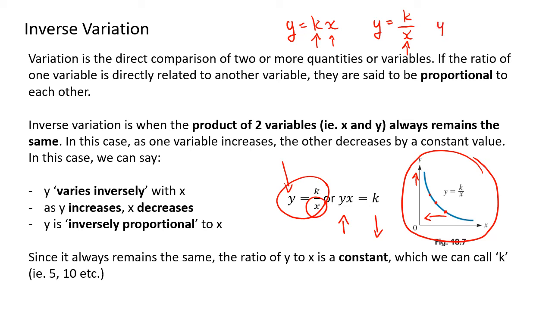In other words, y equals k divided by x squared, or y equals kx squared. Or similarly, it could be something like it varies directly with the square root of another item, or y equals k times the square root of x, or y equals k divided by the square root of x, depending on if it's direct or inverse.